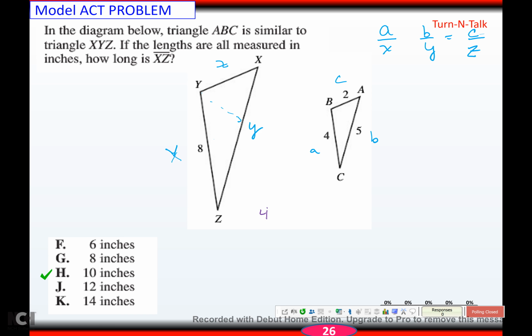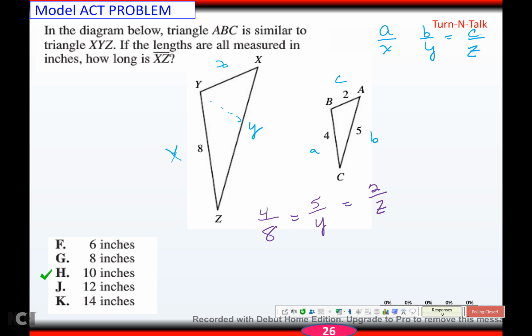Little a is 4 over little x, equals b, which is 5 over y, and then c and z, well, c is 2, and z, I don't know. Well, darn it, I know something. Oh, I know x is 8. There we go.